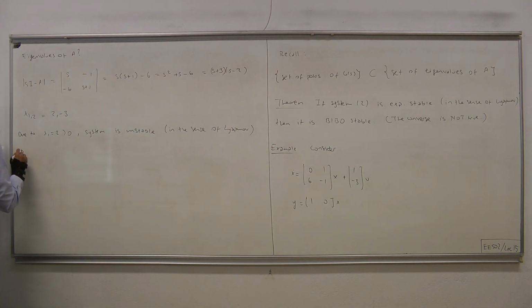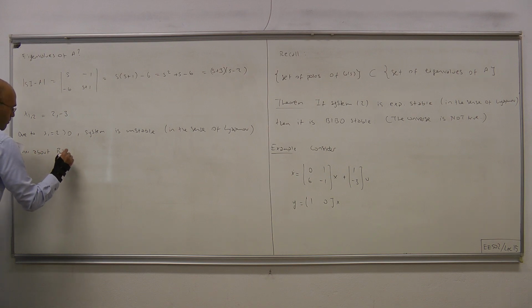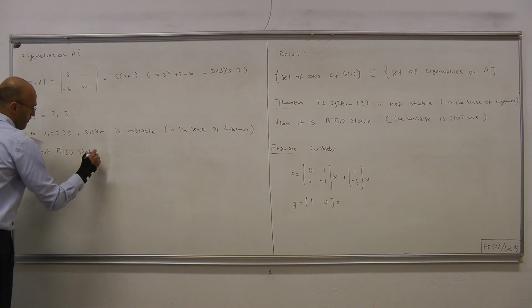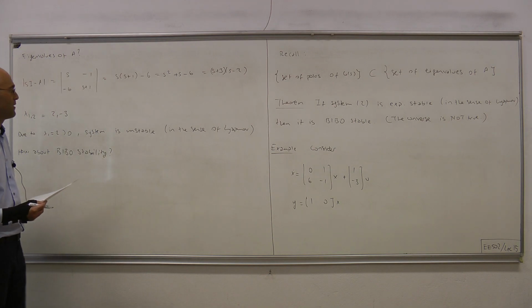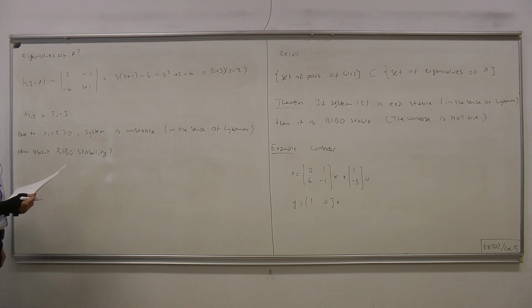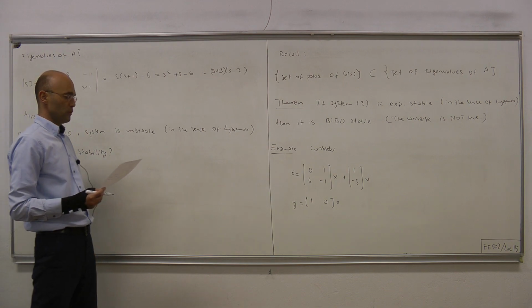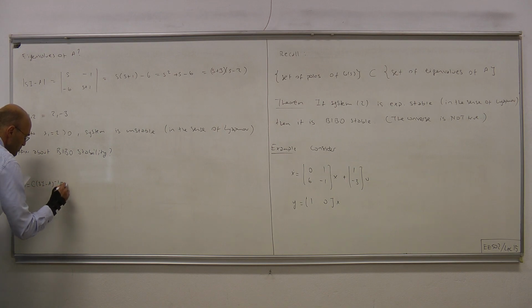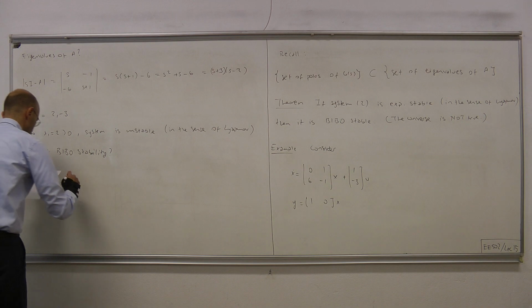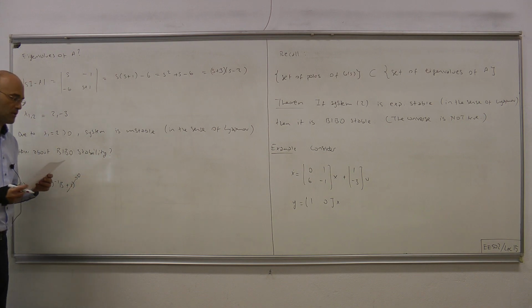Now, how about BIBO stability? Okay, for that, what we do is we move further and compute the transfer function. So let's do that. G of s equals C (sI minus A) inverse B plus D. Now in our case, D equals 0.